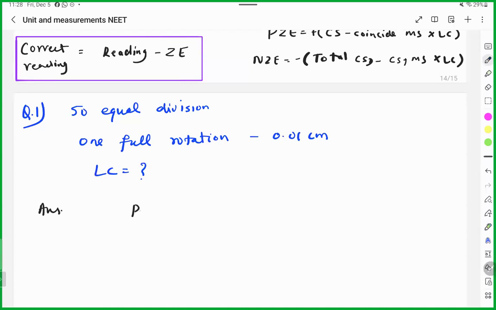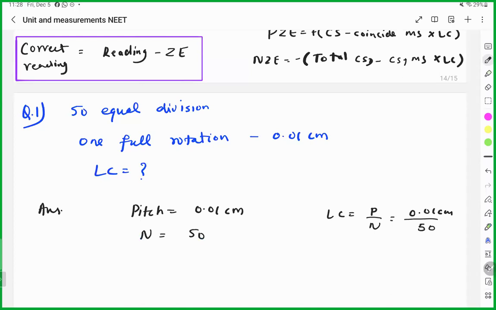What is the pitch here? One rotation and pitch length is 0.01 centimeter. What is the number of divisions? 50. How to calculate least count? Pitch divided by number of divisions. Pitch is 0.01 centimeter, divided by 50. This is the answer.